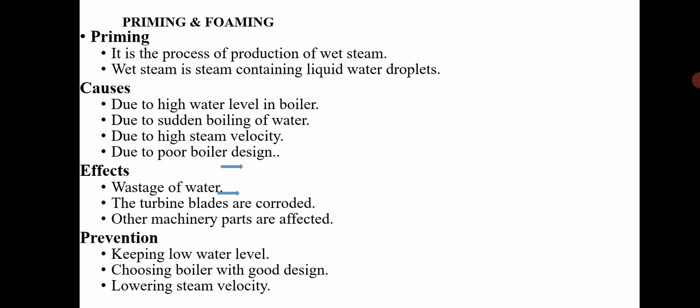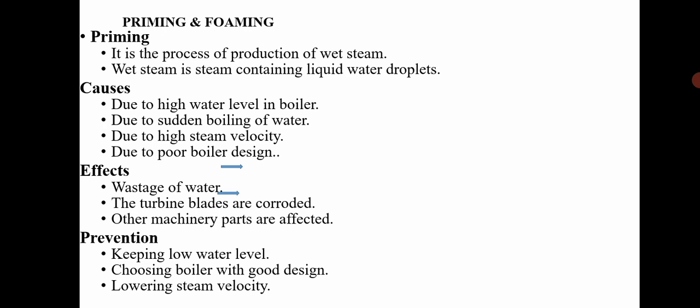Next problem is priming and foaming. Priming is nothing but the production of wet steam. During the production of wet steam, the steam contains some liquid water droplets; that process is called priming. This priming is due to the high water level taken in a boiler, the sudden application of heat energy, high velocity of steam, and poor boiler design.